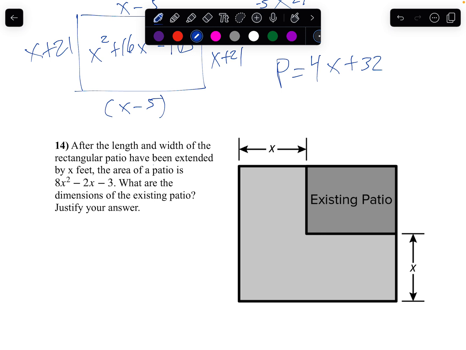So we're going to factor 8x squared minus 2x minus 3. First thing I notice, nothing goes into all of them, does it? So I multiply first and last when I make my box. So I'll have 8x squared and minus 3.